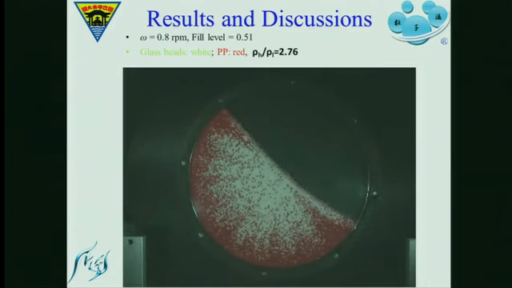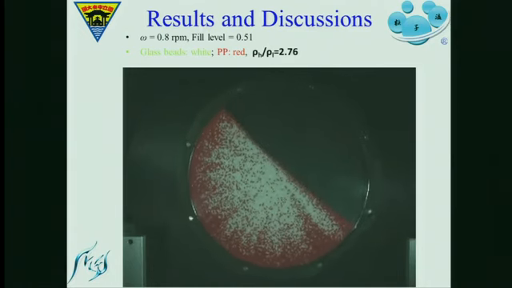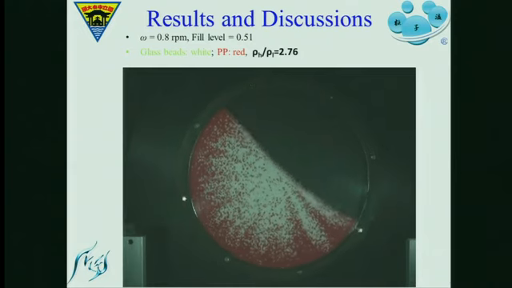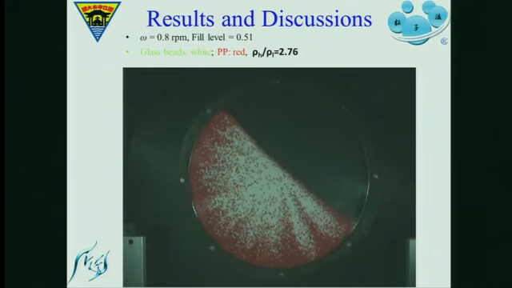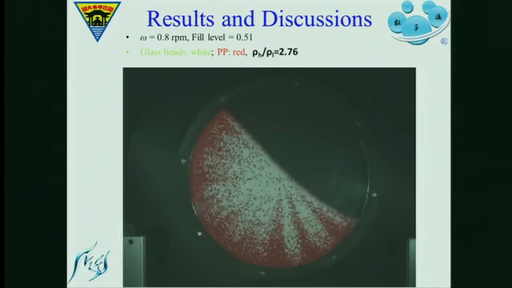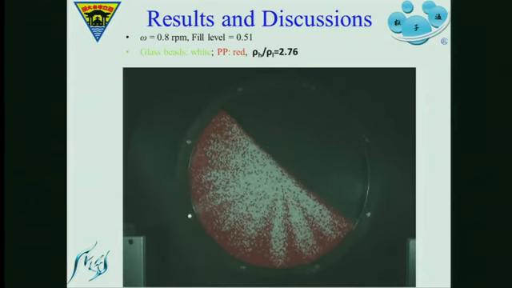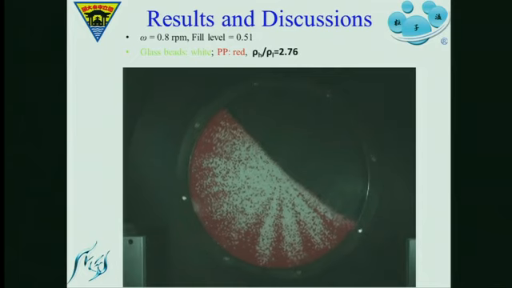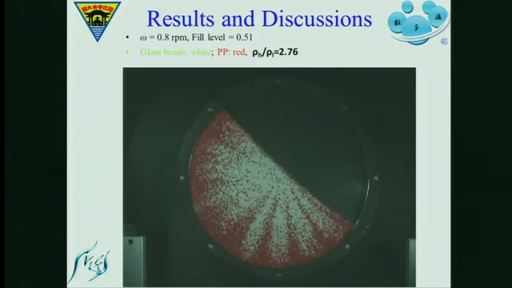And it's interesting to look at this part because it's a flowing layer. What kind of particles avalanche also depends on the dynamic repose angle.